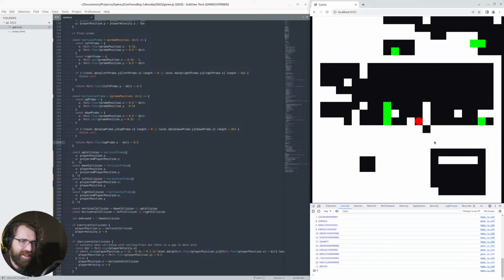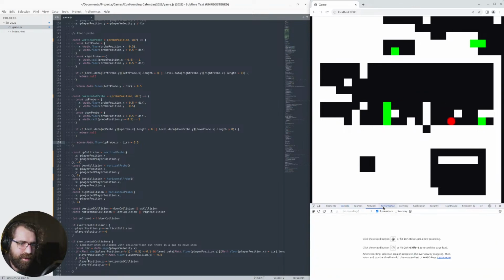We gotta make it happen again. Hold on. I think... let me do this. And then come back over here. I was just resizing a window over here. Does resizing a window make it happen?